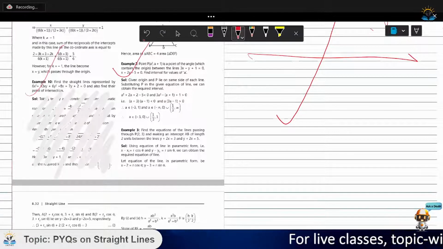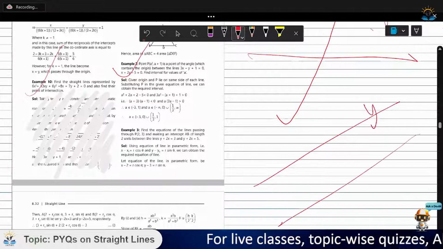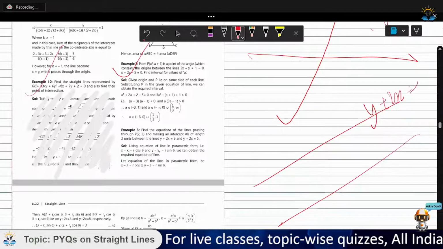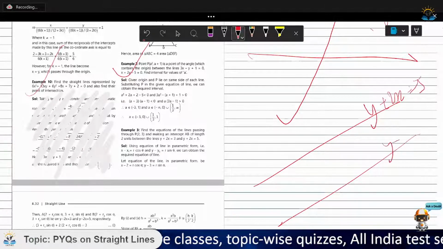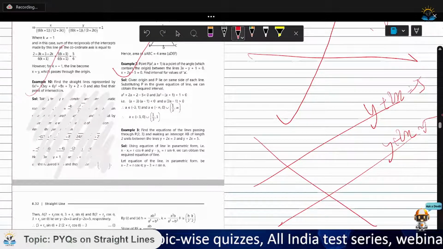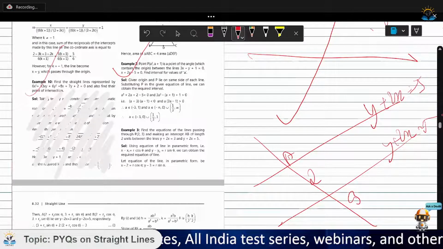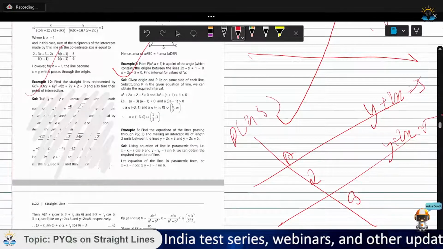So these are the two lines: y plus 2x is equal to 3 and the other is equal to 5. So AB should be equal to 2 units, and it is passing through the point (2, 3).